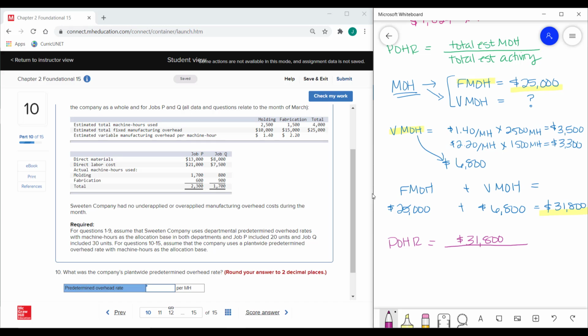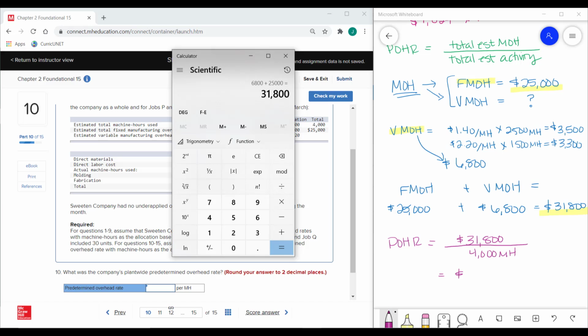So how many machine hours do we estimate the company will use as a whole in March? 4,000, right? The 2,500 within molding plus the 1,500 within fabrication gives us 4,000 machine hours for the company as a whole. So what do we get for our POR? We're going to divide that estimated overhead by 4,000 machine hours. That gives us $7.95 per machine hour for our plant-wide POR.